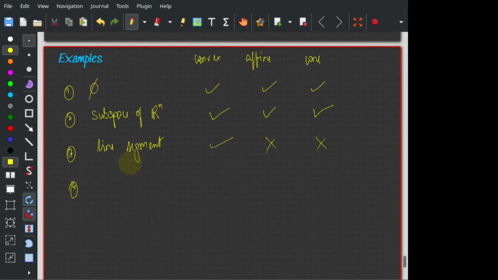What about a ray? How do you define a ray? It's basically some x naught plus alpha times v, for some x naught and v. So x naught and v are fixed and I'm taking all alpha greater than or equal to 0.